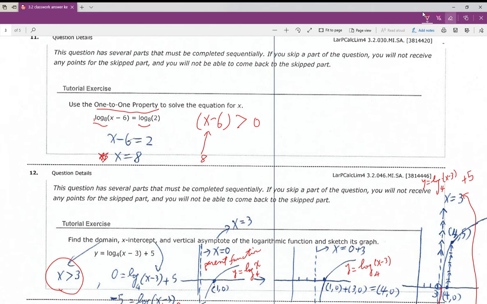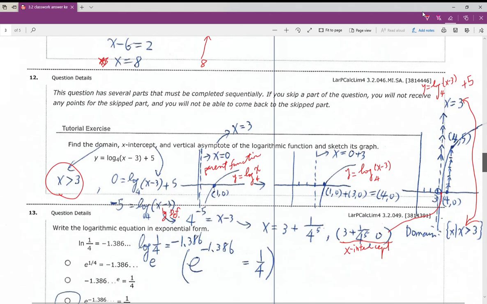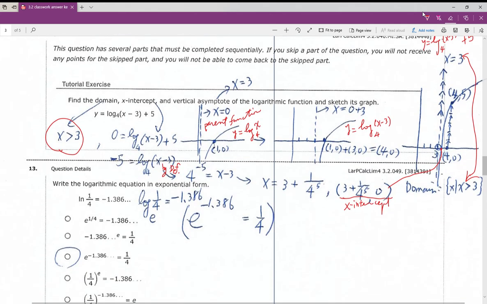Now next one. Number 12. Remember last time, 3.1, we talked about the shifting of a function. The number x take away 3, let me change color, so x take away 3 means you shift this graph to the right-hand side 3 steps.